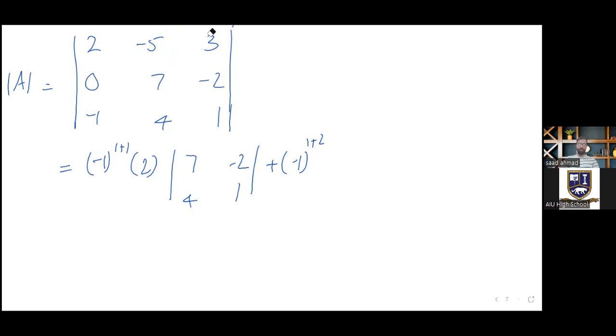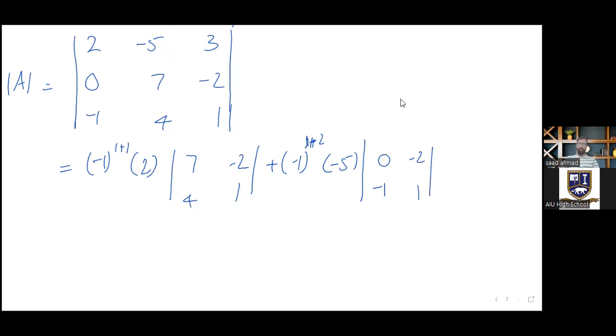This is row plus column, number of row plus number of column. And then the entry is -5, and then we skip the first row and second column. And then you write the remaining.